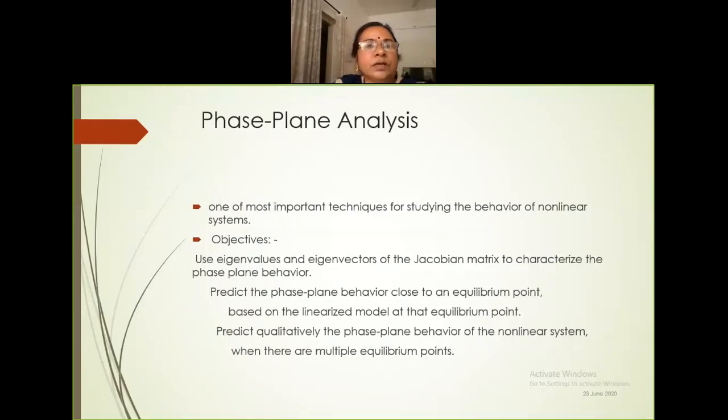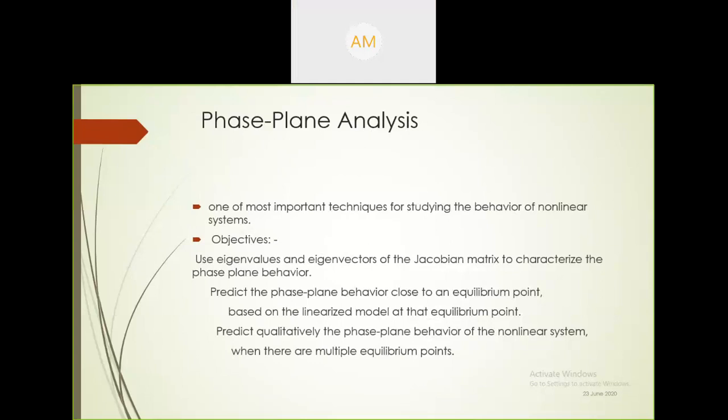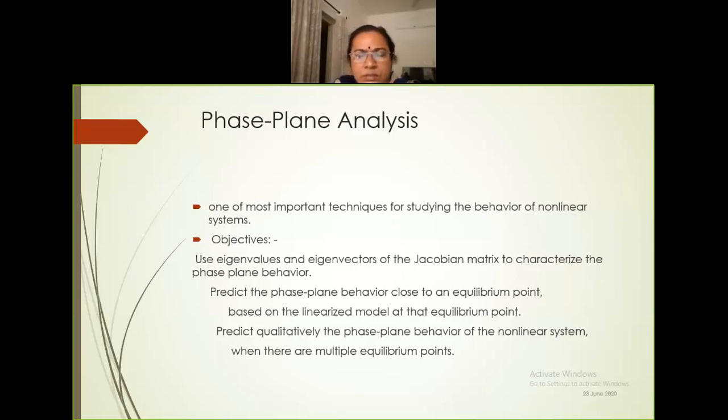Okay, fine. So the phase plane analysis is one of the most important techniques for studying the behavior of the nonlinear system, mainly second order systems. The objectives, that is important. Now this one is also important. Use eigenvalues and eigenvectors of the Jacobian matrix to characterize the phase plane behavior.